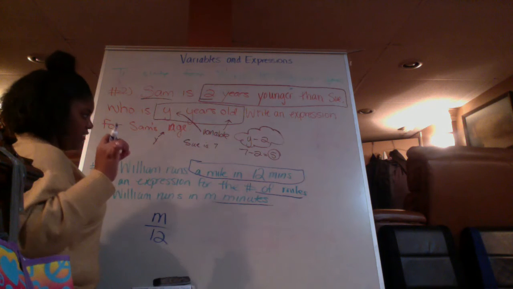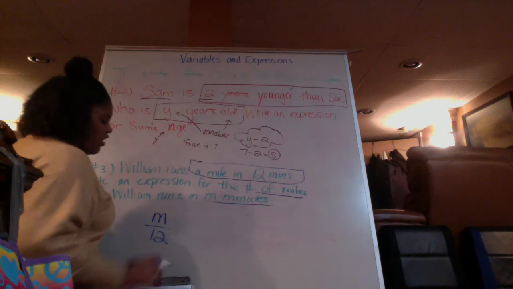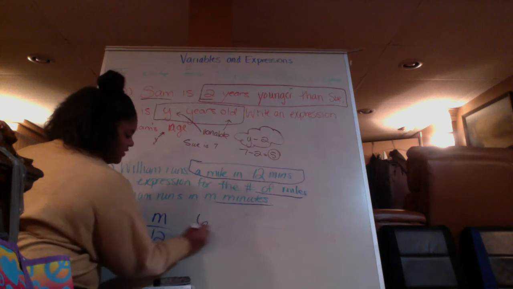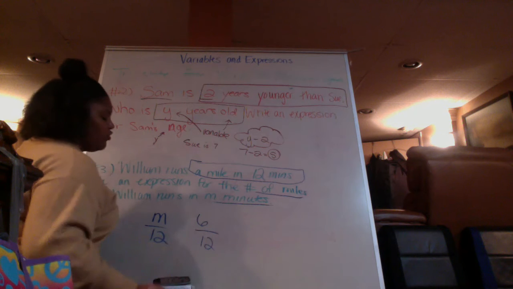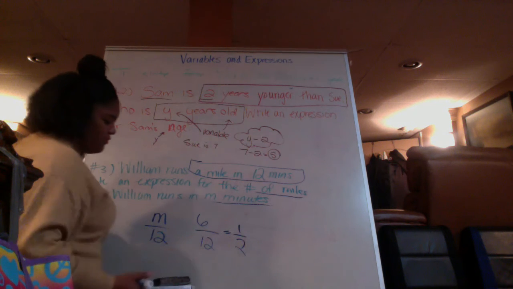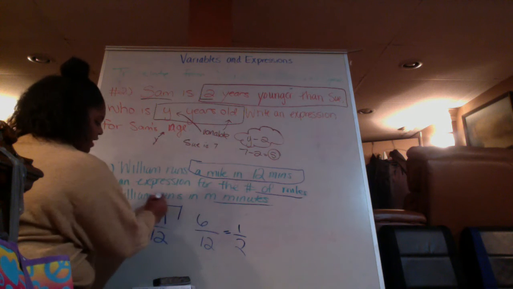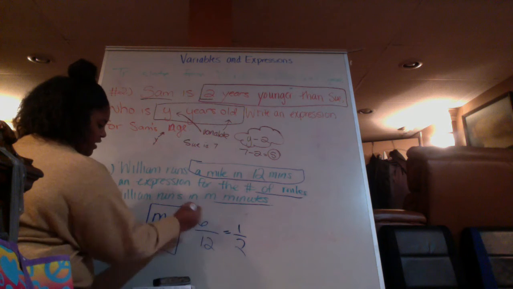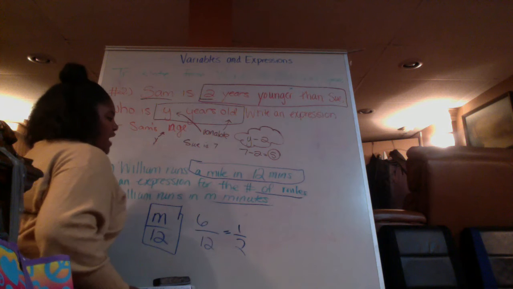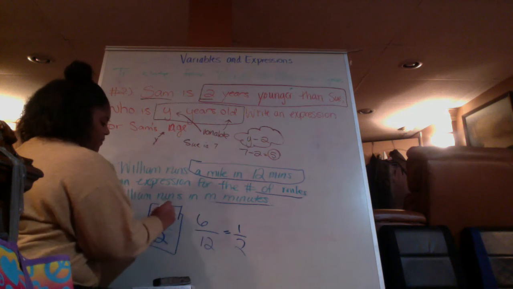All right, so they want to know the number of minutes. So if he runs 6 minutes, you know that he is essentially doing half of a mile. I hope that makes sense. So that is why our expression is M over 12, because M represents minutes.